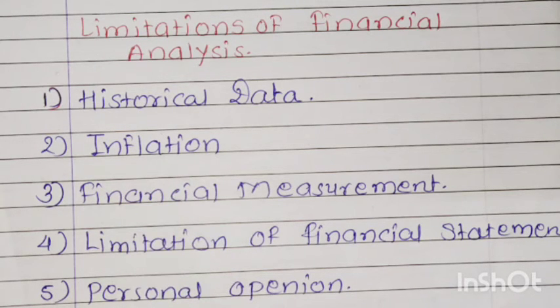Next is inflation. Due to inflation, information disclosed in financial statements does not represent the real status. Specifically, at the time of the valuation of assets, the impact of inflation is ignored in financial statements. Assets are disclosed at their old value and replacement cost, which is higher, is not considered.